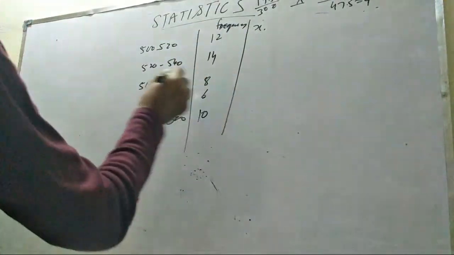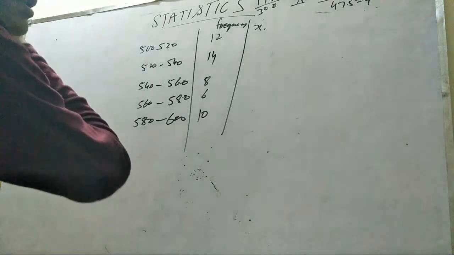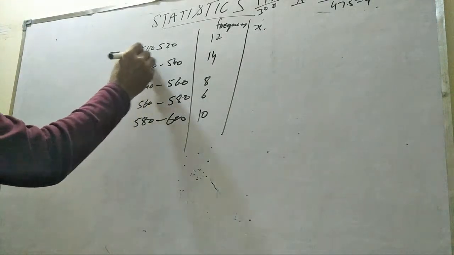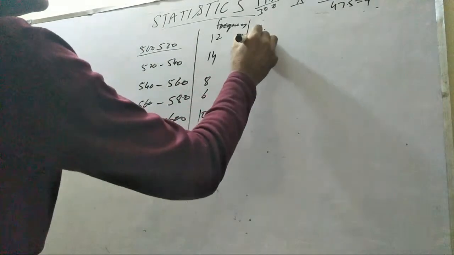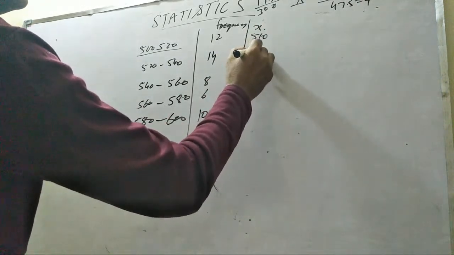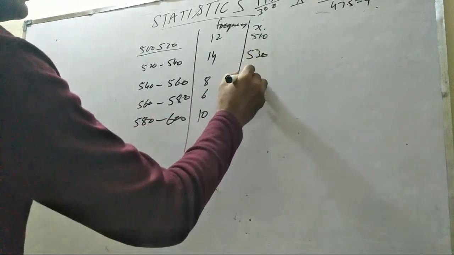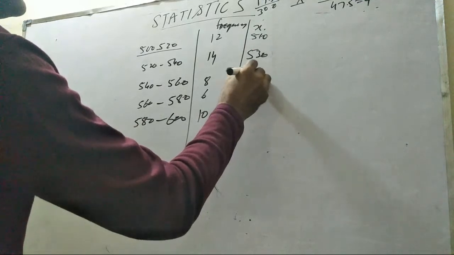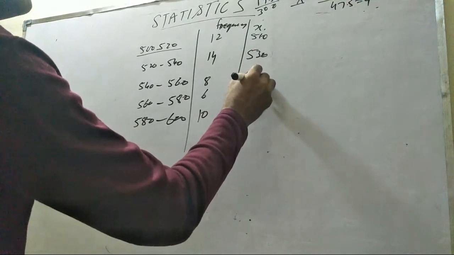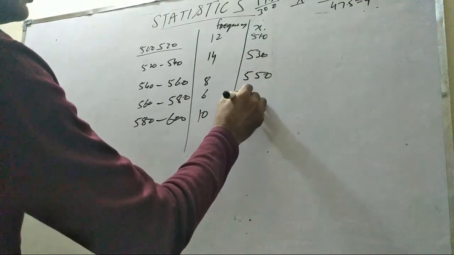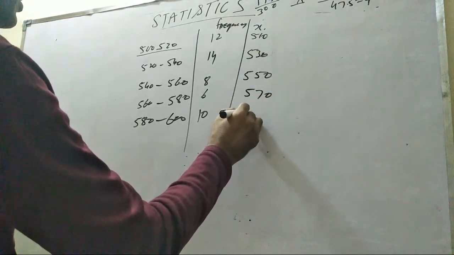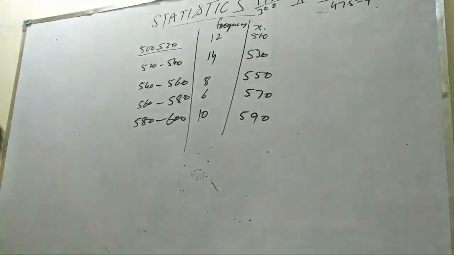And let what is the x, जो हमारे पास x है वो क्या हो जाएगा हमारे पास 510, 530 एंड 550, 570, 590. This is the mean.